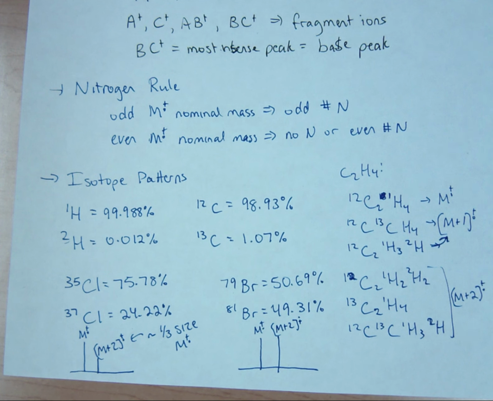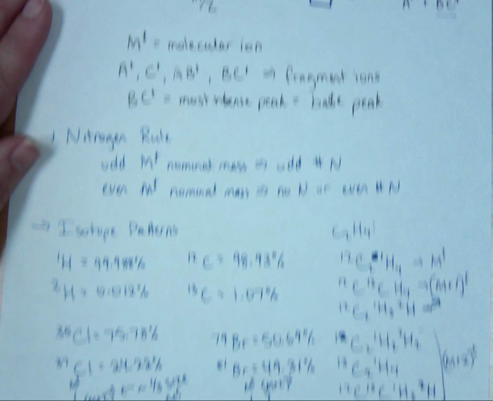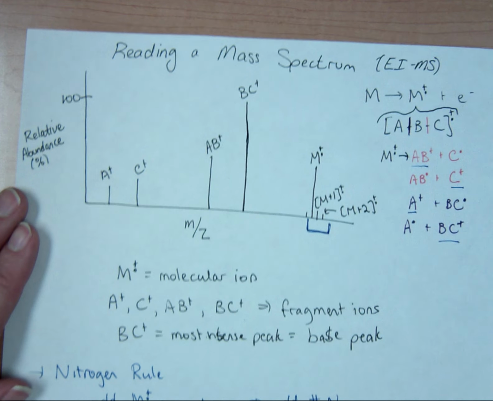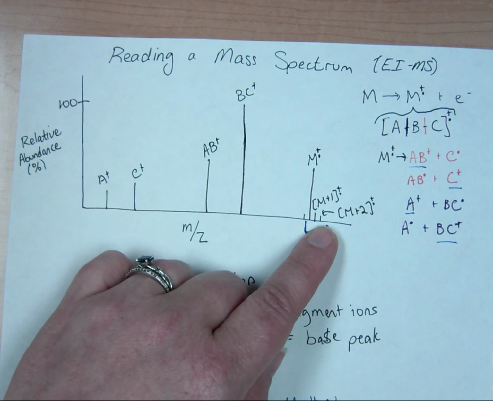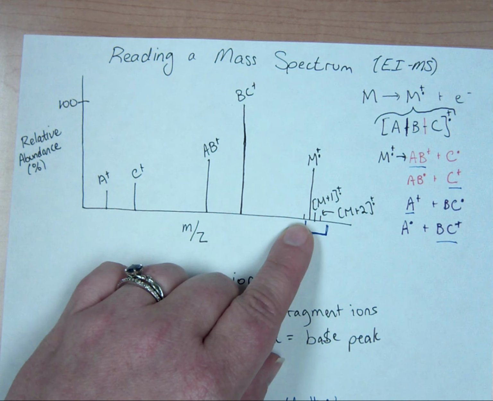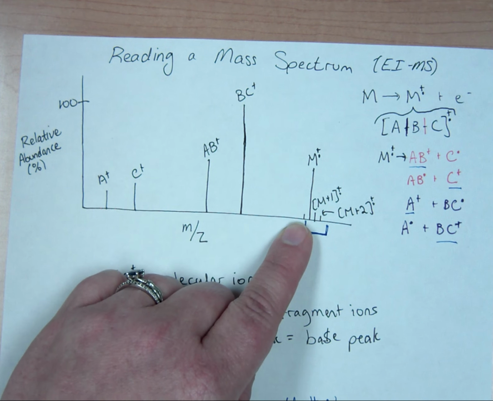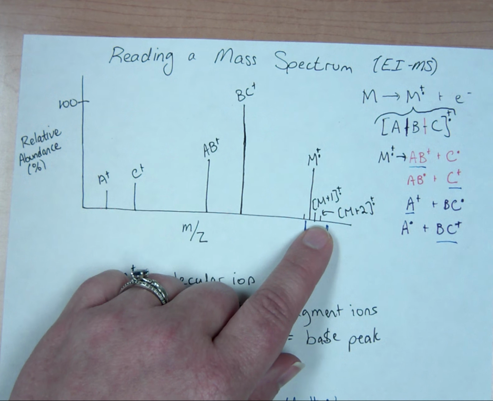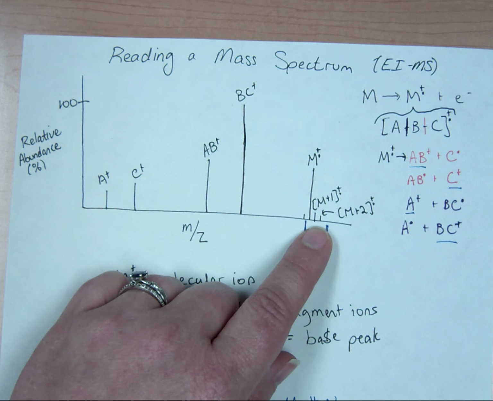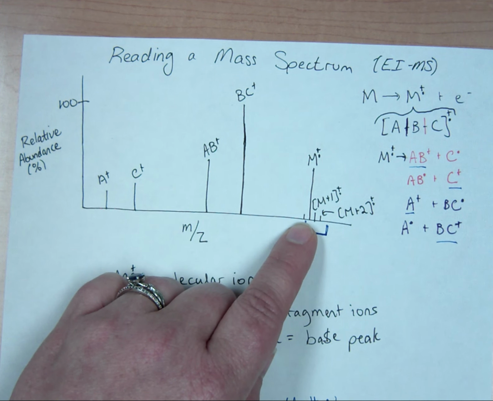So if you are looking at your mass spectrum and you see an M plus 2 peak that is about 1/3 of the size of your molecular ion, that's a good indication of having chlorine. If you see the M plus 2 peak being almost equal to your M dot plus, that means you probably have bromine.